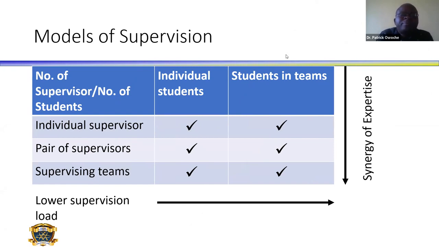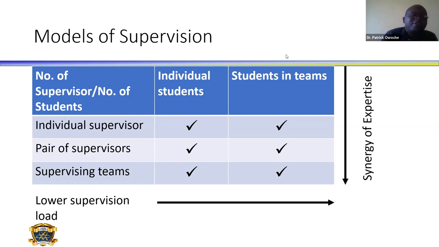For example, one supervisor supervising one student, or one supervisor supervising students in a team. This one happens at undergraduate. Co-supervision, where a pair of supervisors are supervising an individual student, or they supervise students in a team.